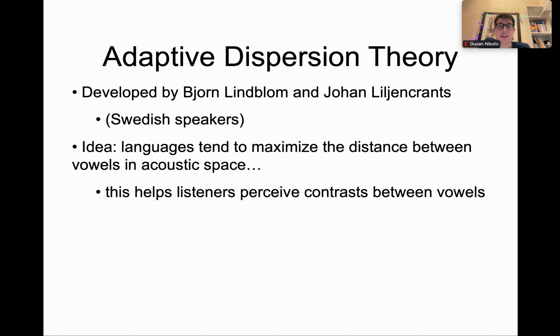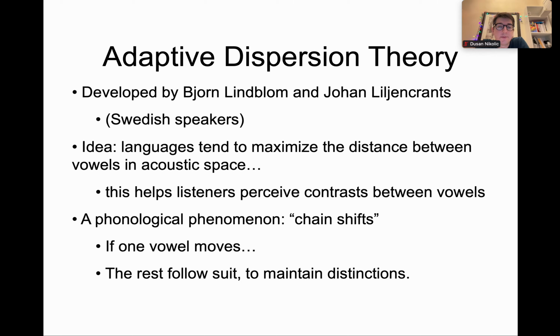They had an idea that languages tend to maximize the distance between vowels in this acoustic space. This helps listeners perceive contrast between the vowels. A phonological phenomenon that is, of course, a kind of consequence of this adaptive dispersion theory is what we call a chain shift.